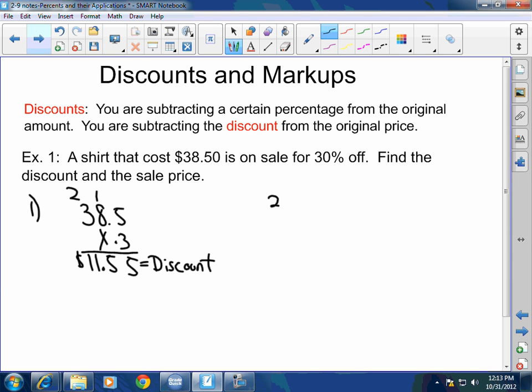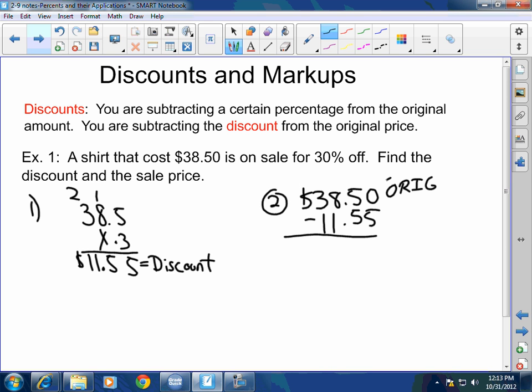So, step 2, $38.50 minus the discount of $11.55. So that's my original. This is the discount. So this is 5. I gotta borrow.